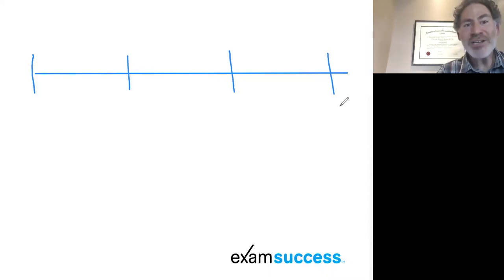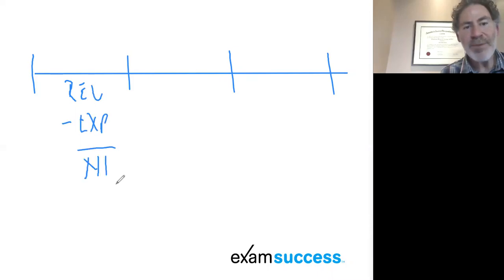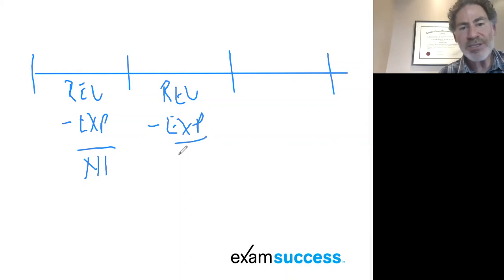For each of these time periods, we can look and see what the revenue and the expenses are, and we can figure out what the net income is for each period. Then I can look at the next period and ask, what are the revenues, what are the expenses, and what's the net income for this second period? We're trying to measure what occurred during those time periods.